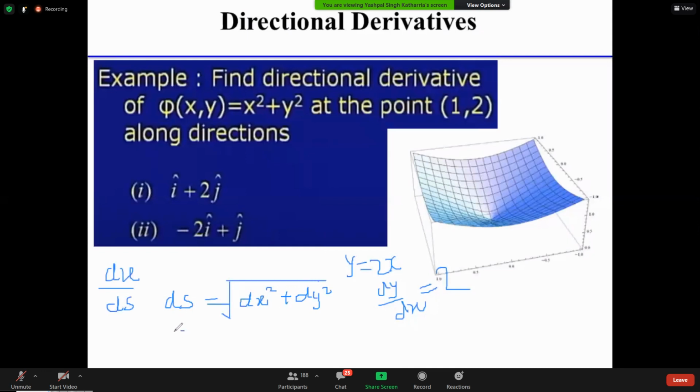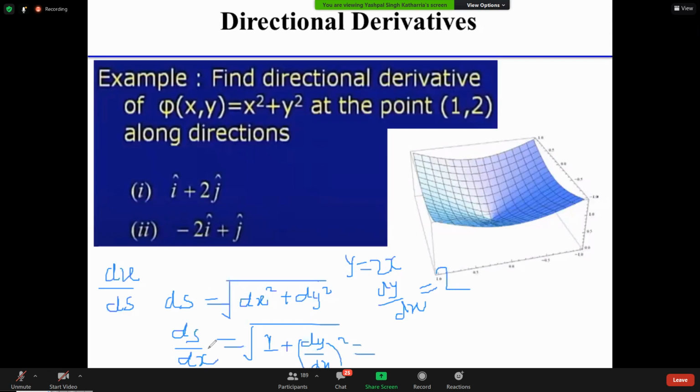Okay, so then you can have this ds over dx. You can divide both sides by dx. So it will simply be square root of 1 plus dy over dx square. And then you will find the value of ds over dx, because you know dy over dx from this equation here, which is 2.